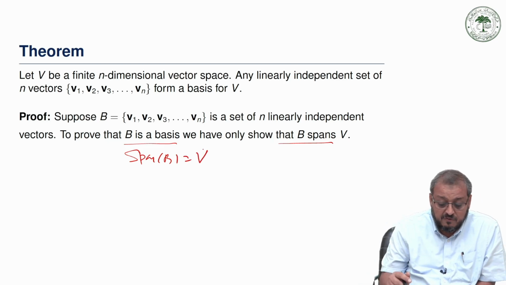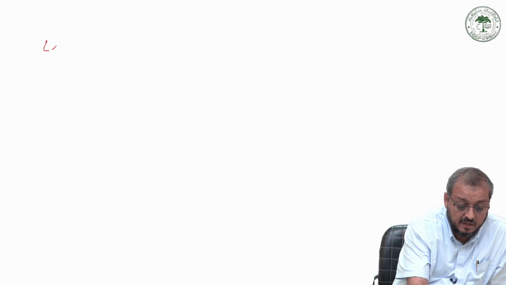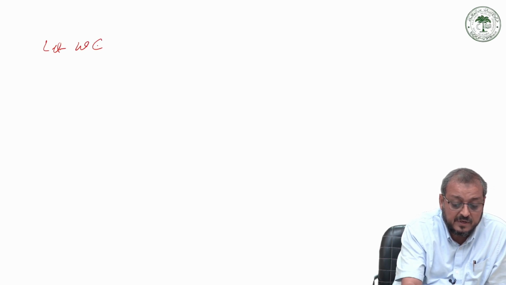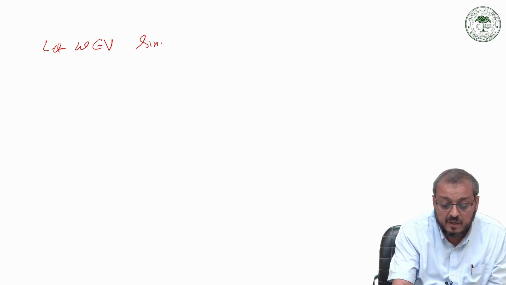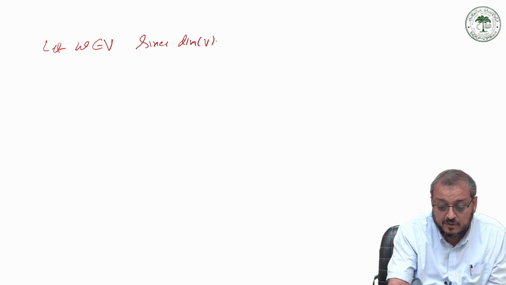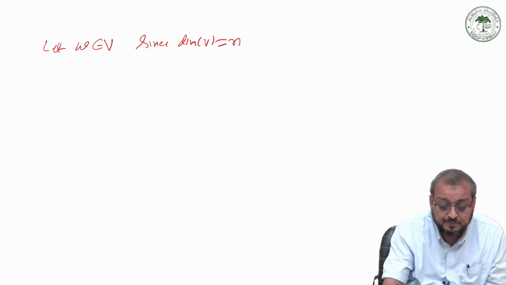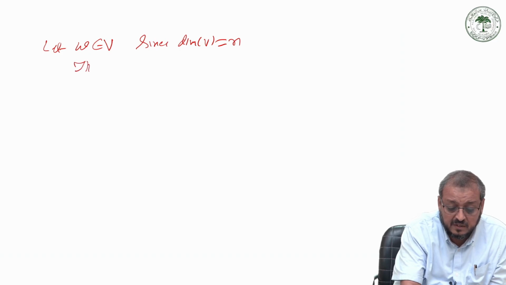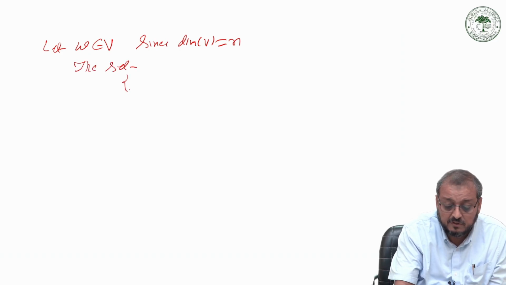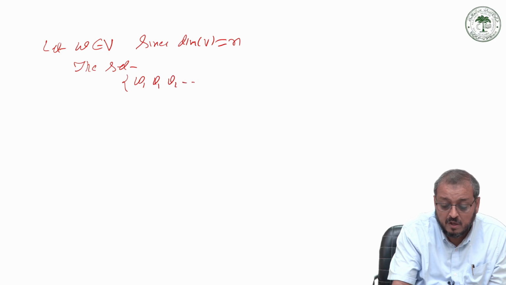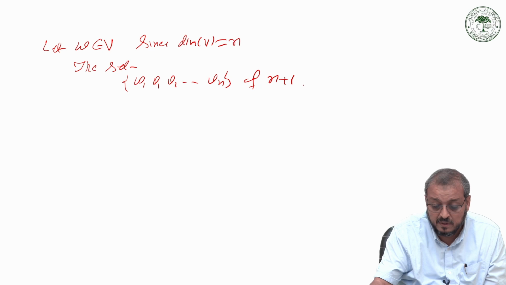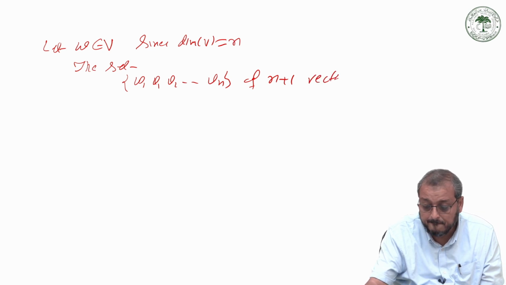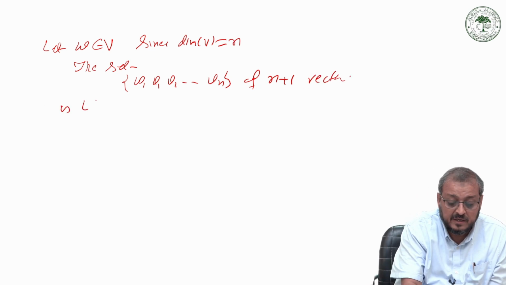So let W be an arbitrary element from the vector space V. Since the dimension of V is equal to n, we have the set W, V1, V2, up to Vn, which has n plus 1 vectors, and this is clearly linearly dependent by the lemma.